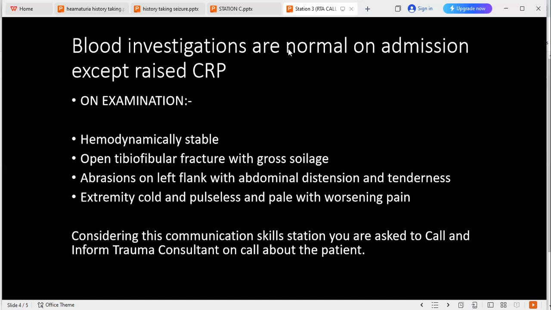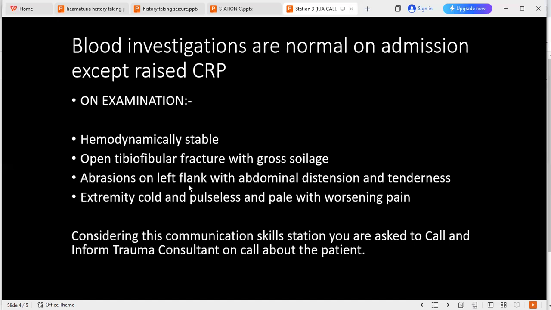Yes, my differential for this pulseless limb. Abdominal cause? Yes, in the abdomen there could be perforation or injury to a great vessel, or perforation of bowel or polyviscous injury. It could also be injury to the kidney or spleen.